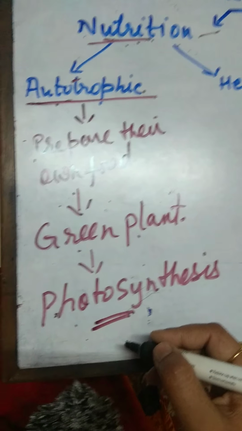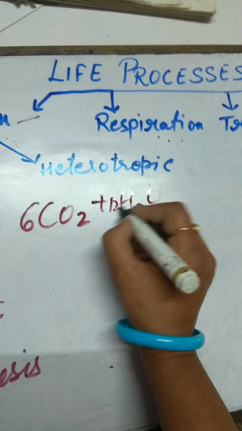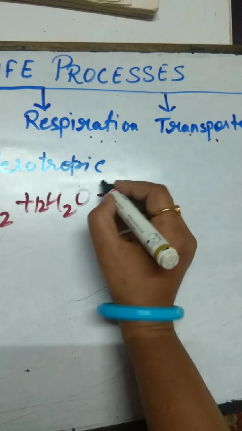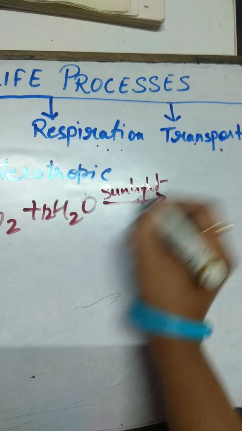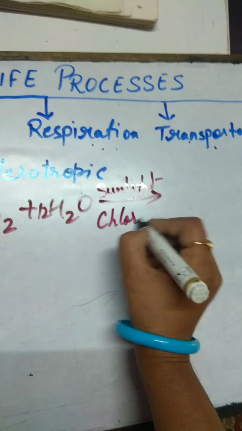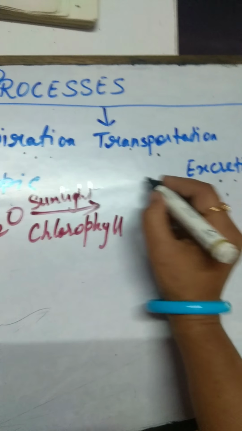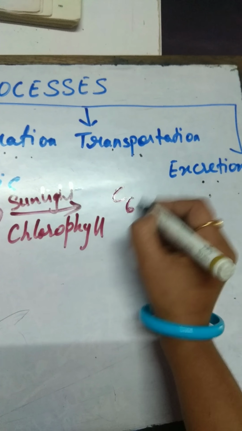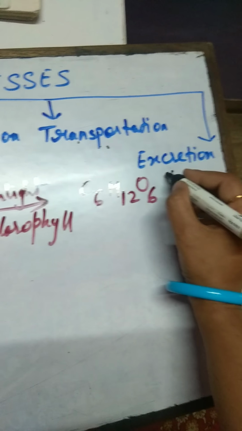So that can be written in the form of carbon dioxide plus water, in presence of sunlight and chlorophyll, gives carbohydrate, or we can say glucose.